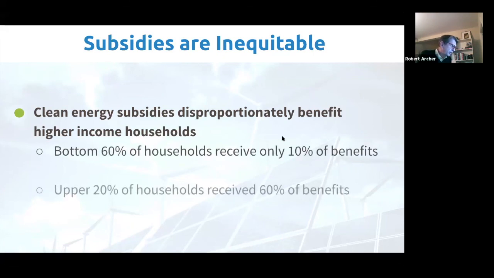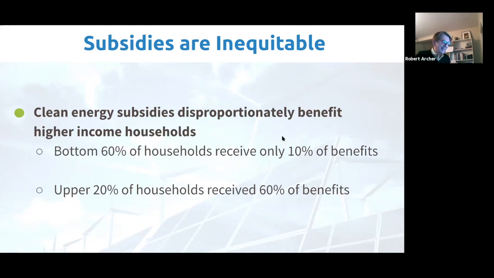Using the revenues from the carbon fee for clean energy subsidies has two equity downsides. First, the households don't get the dividend. And second, clean energy subsidies, based on experience, go disproportionately to higher income households. Only 10% of the benefits went to the bottom 60% of households. The upper 20% of households received 60% of the benefits of the tax subsidies.